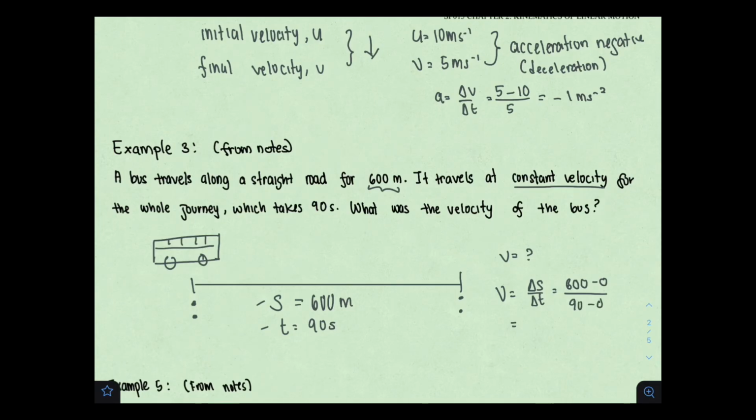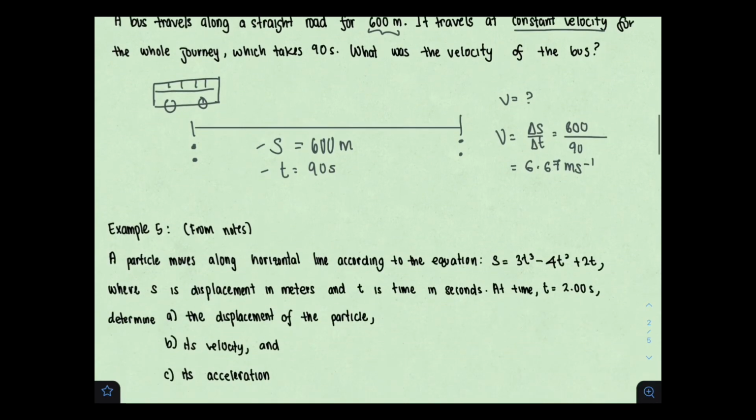So kita boleh abaikan untuk tidak tulis lah, sebab kita dah tahu initial dia adalah 0 here. Okay, so 600 awak tekanlah calculator, bahagi dengan 90, awak akan dapat velocity yang uniform tadi itu adalah sebanyak 6.67 ms^-1. So sepanjang 600 meter ini awak telah bergerak dengan kelajuan 6.67 meter per second.